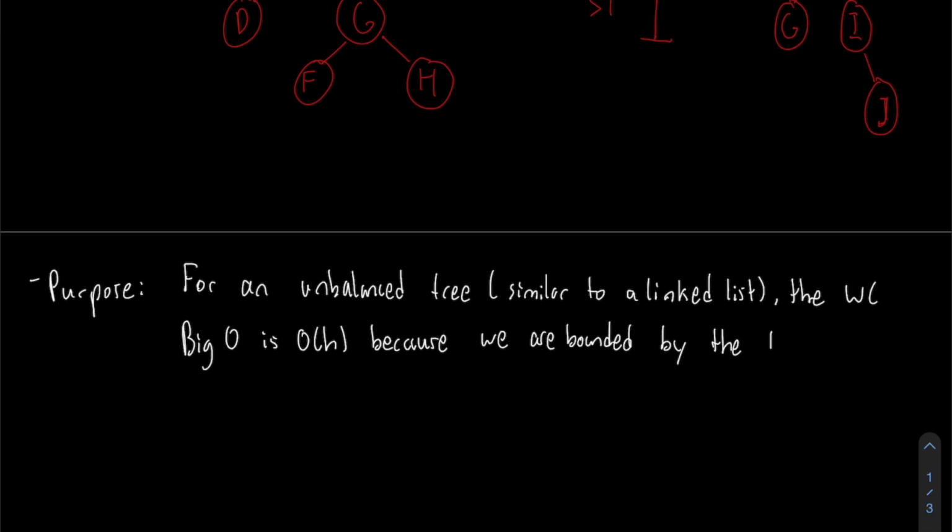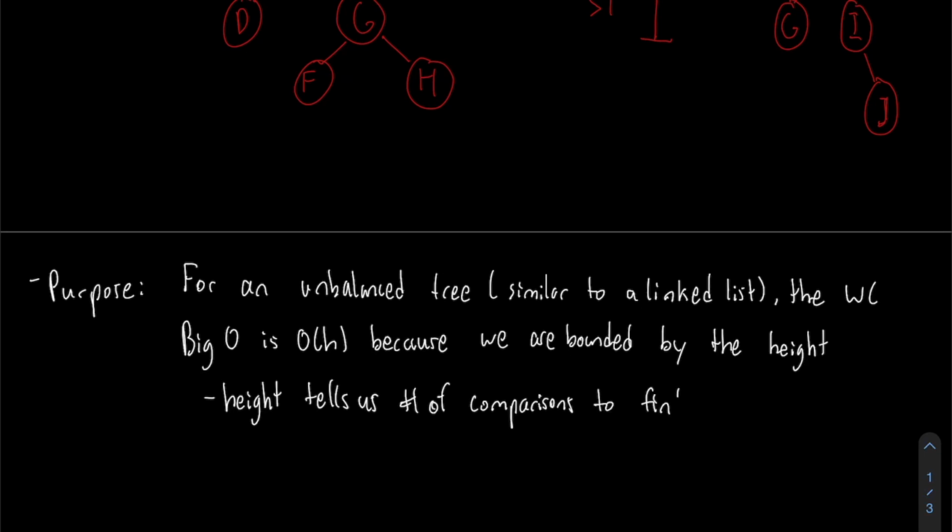And the height tells us how many times we're traversing that tree. So height tells us not how many times we're traversing, but the number of comparisons to find a target node, for example. Oops. Let's erase that.